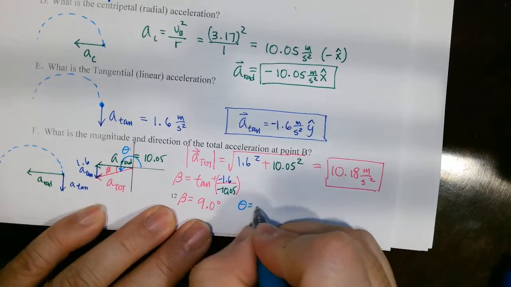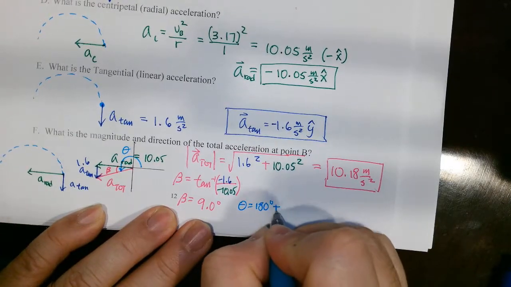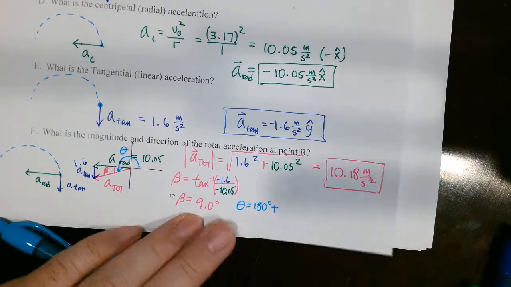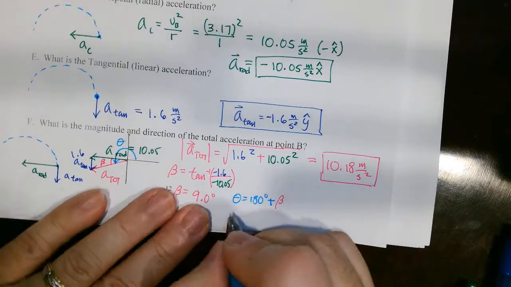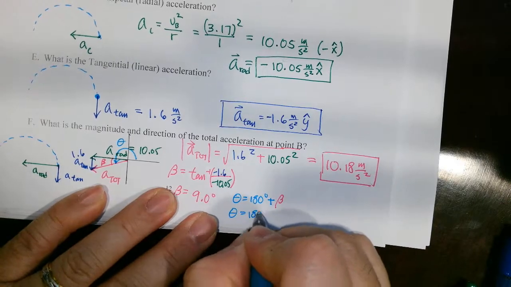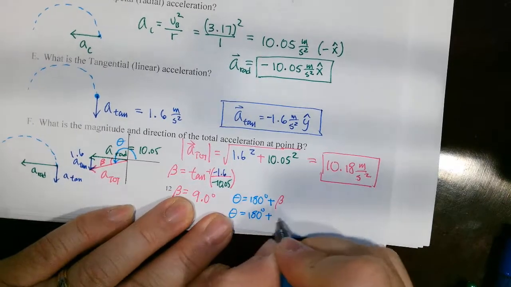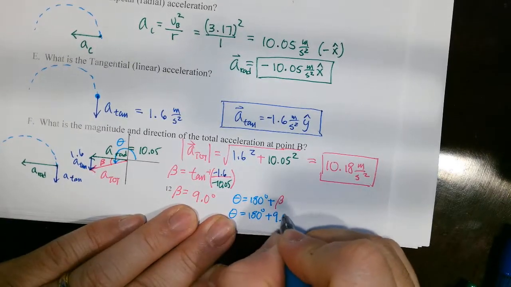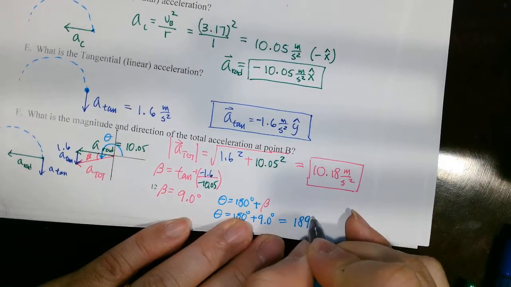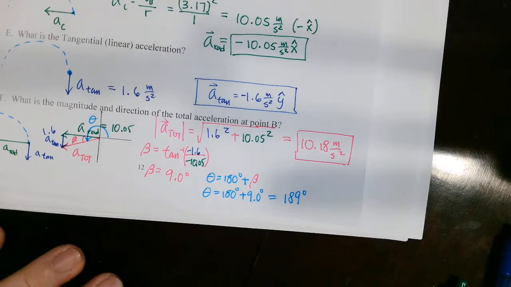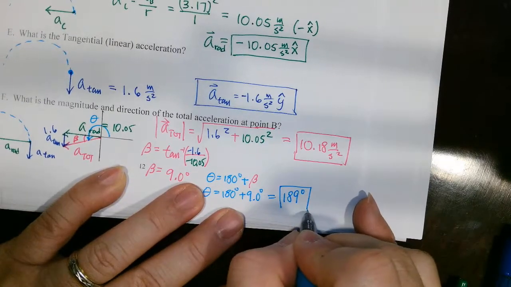So my theta is equal to 180 plus my angle beta. Therefore, theta is equal to 180 plus 9. So 189 degrees is my angle.